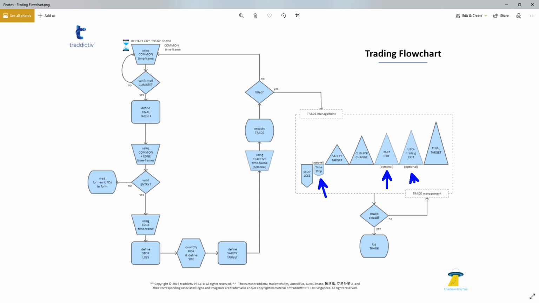Okay, so the time stop is a stop by which, when you reach X amount of candles in the edge time frame where you haven't reached your safety target yet, then you are supposed to close this trade and get out and give up on the trade, because you gave some time for the trade to work out and it's not working out. So probably a climate change is about to happen, so get out. That's the rationale behind the time stop.